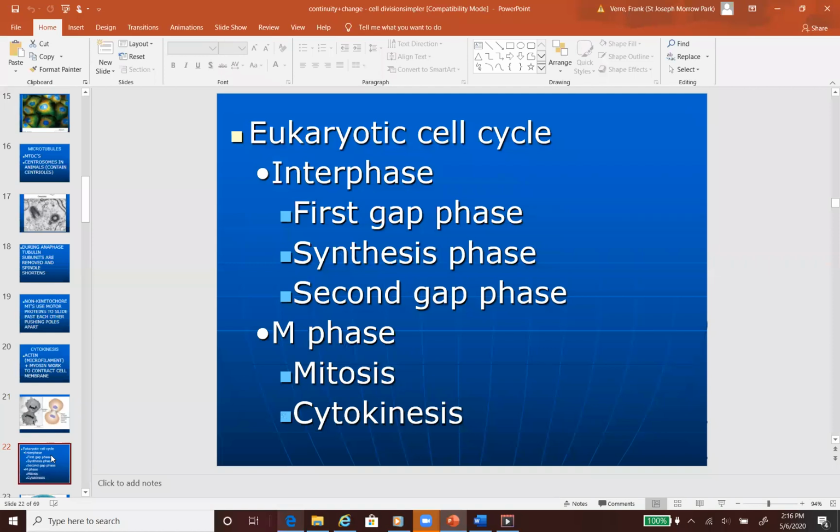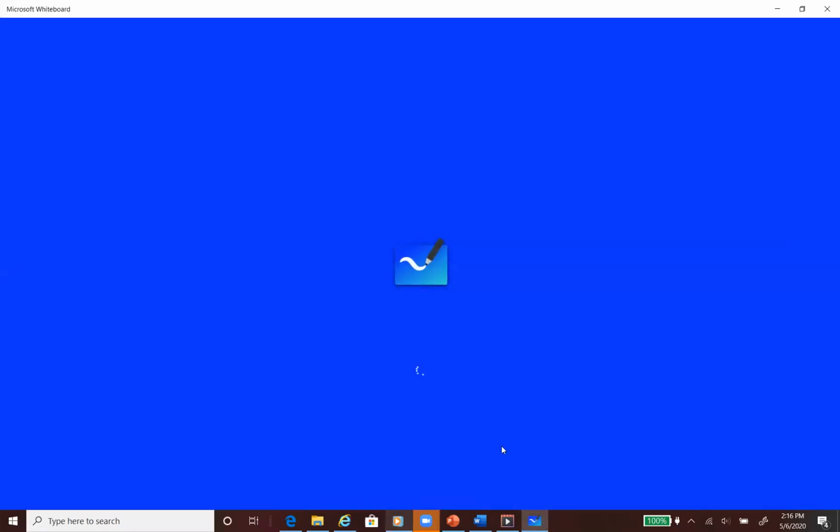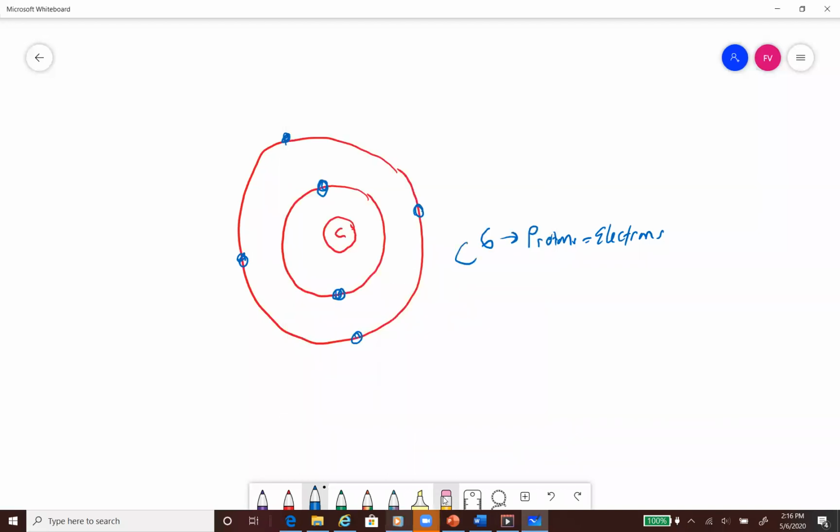Cells are going to divide when an organism is growing. So for example, if I have an organism that is really tiny, maybe like the beginnings of a human embryo, the first thing, if you remember, is just one cell, right? The zygote.